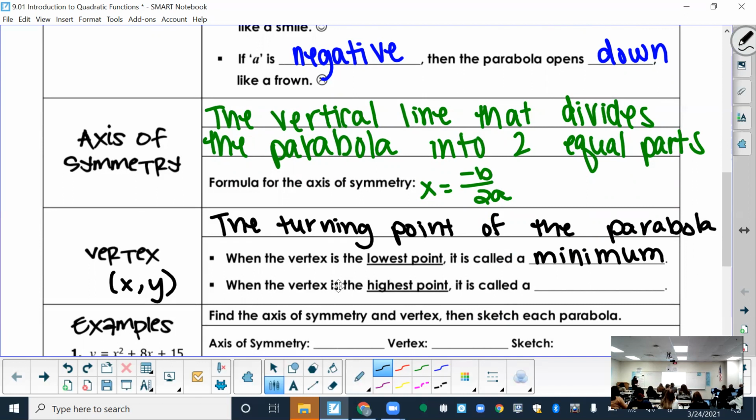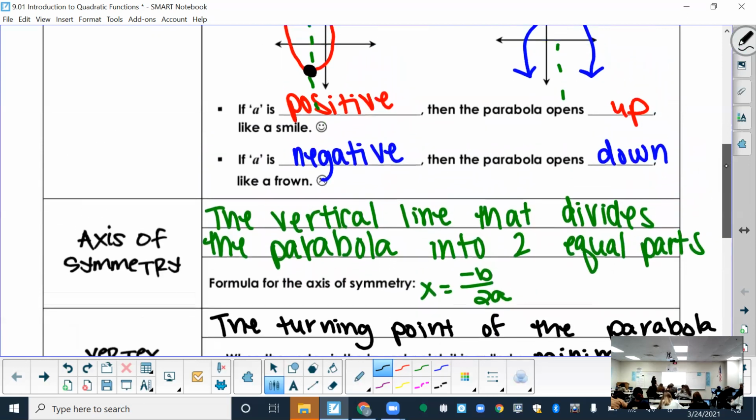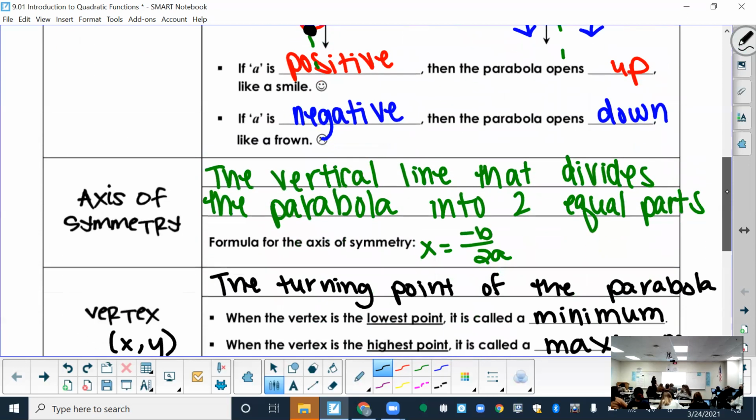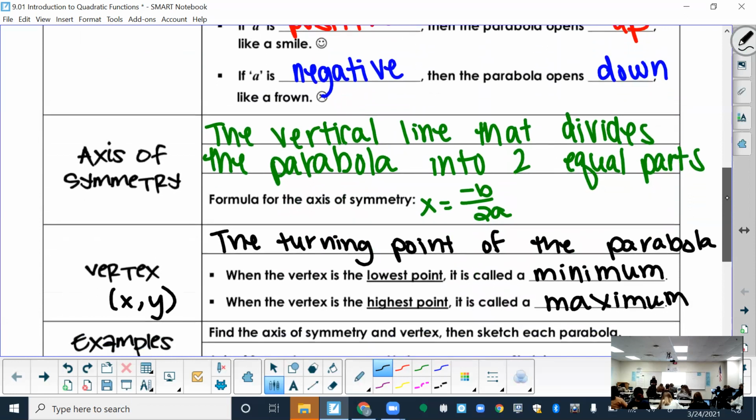The highest point is called a maximum. So back to our negative graphs, it would be the highest point on your graph. That is your maximum. So if I'm talking about a ball being thrown, that's the highest that it went in that activity.